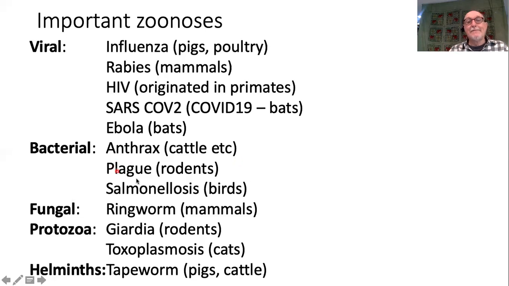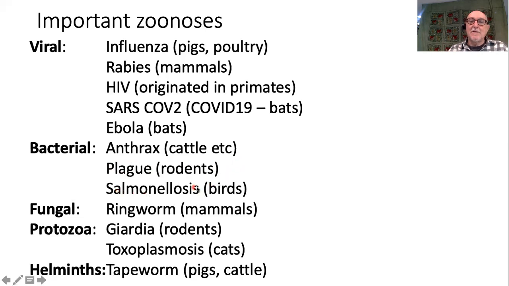Of course, plague gave the name to the plagues. In the Middle Ages there were widespread epidemics with very, very high mortalities. Nowadays, not at all. Plague is very easily treated with antibiotics and seldom becomes epidemic.